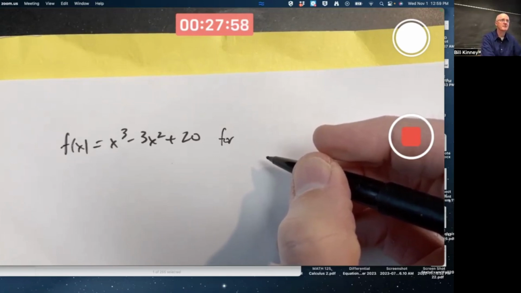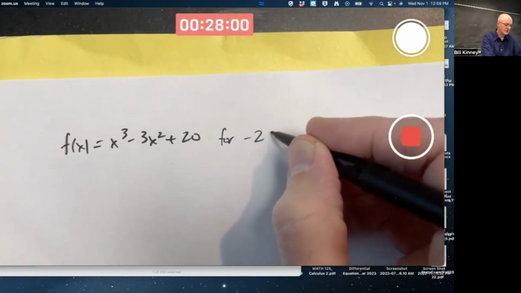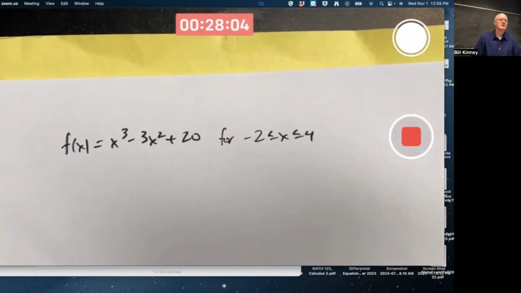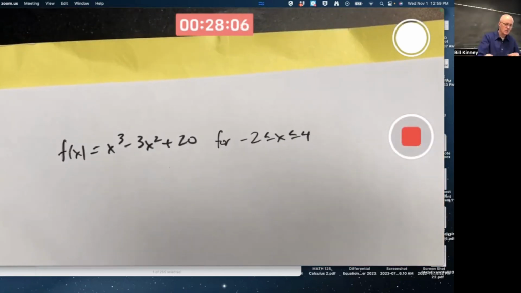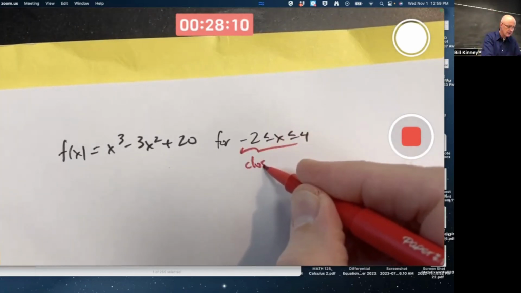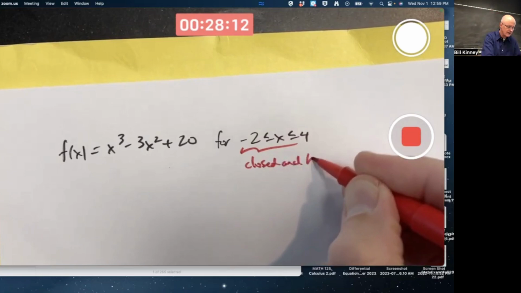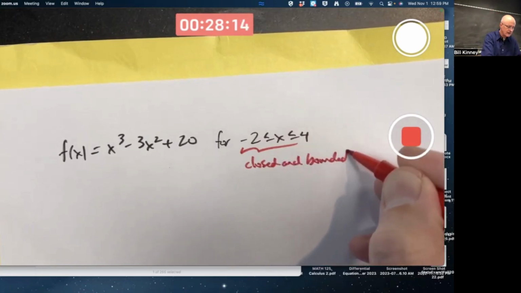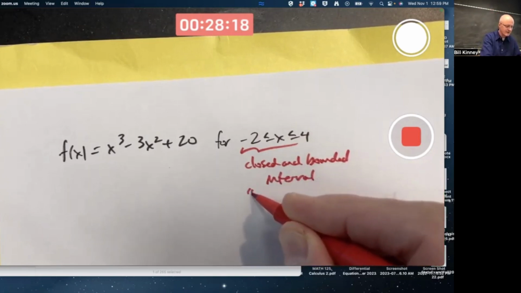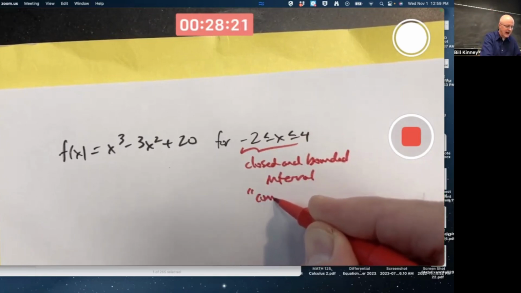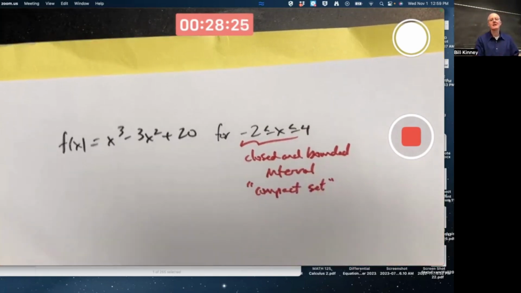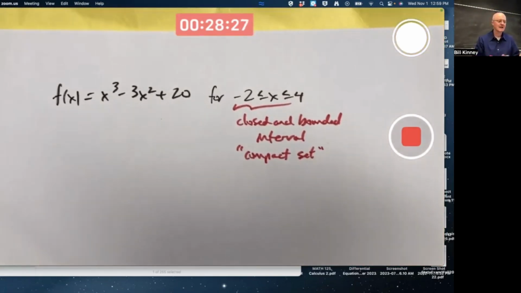Let me pick something different. How about -2 to 4? So there is my closed and bounded interval here. Closed and bounded interval, sometimes called a compact set of the real line.